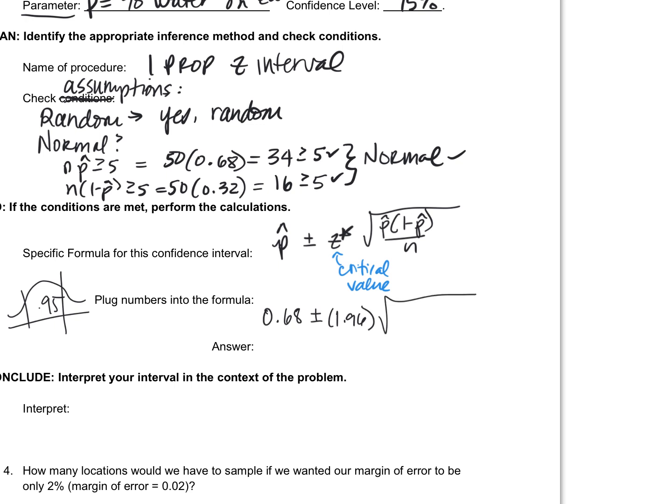Okay, then we got to do this piece. Oh, not p hat. I'm going to actually use values here. 0.68 times 0.32 all over 50, square rooted. All right, let's crank some numbers out. I'm going to do the square root guts first.